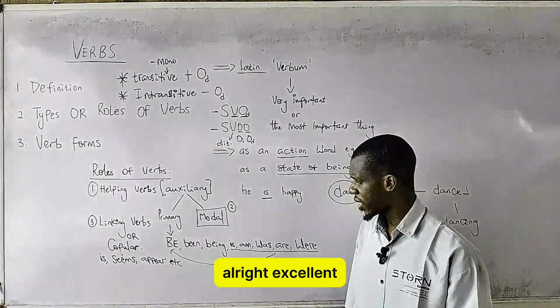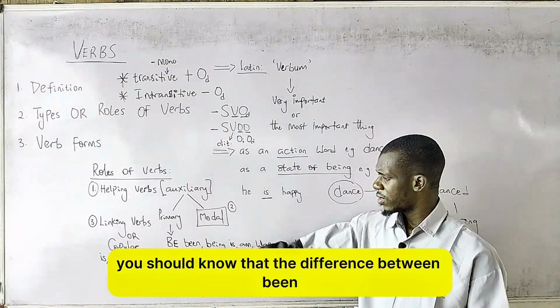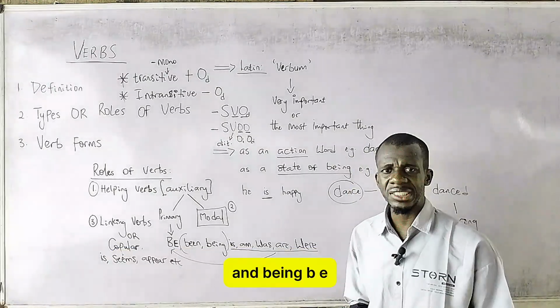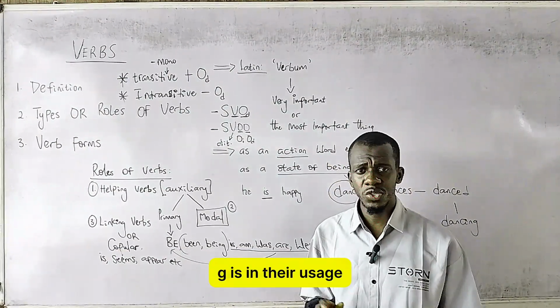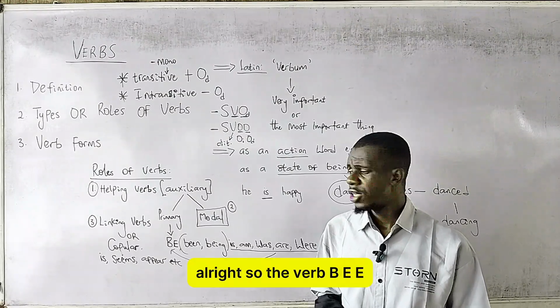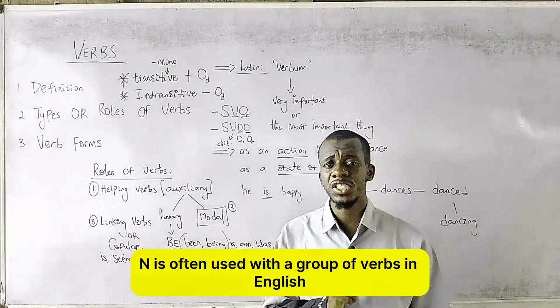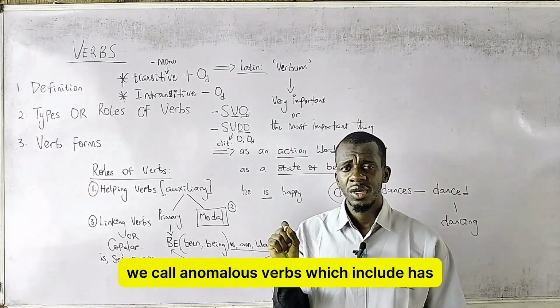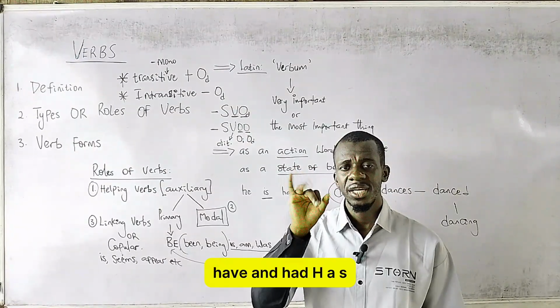Excellent. Now, before we go on, you should know that the difference between been and being, B-E-E-N and B-E-I-N-G, is in their usage. The verb B-E-E-N is often used with a group of verbs in English we call anomalous verbs, which include has, have, and had.